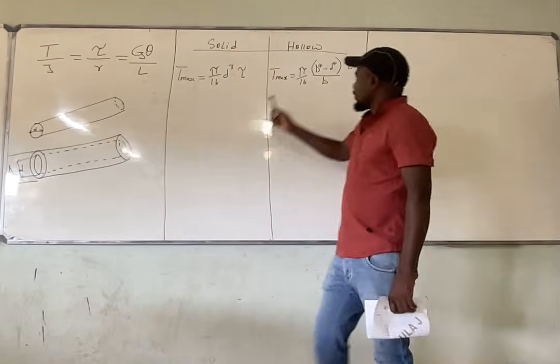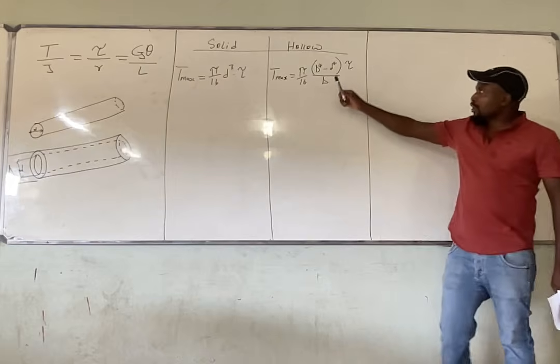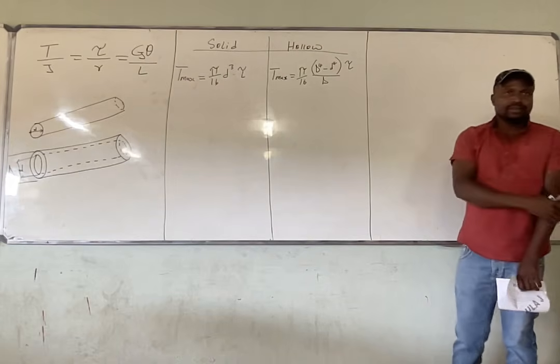So this is how you calculate your Tmax for a hollow shaft.